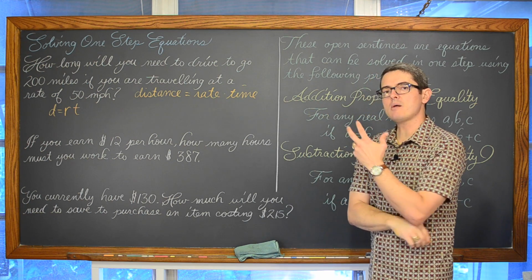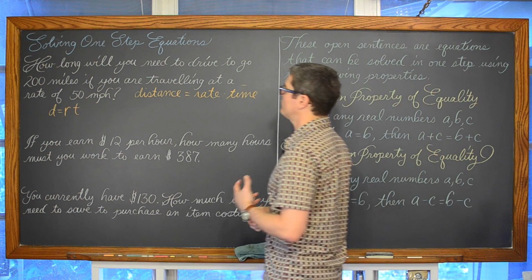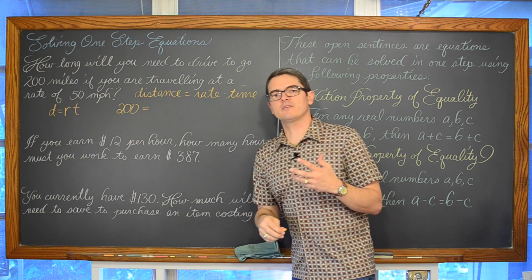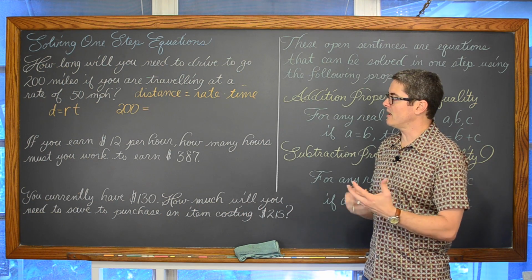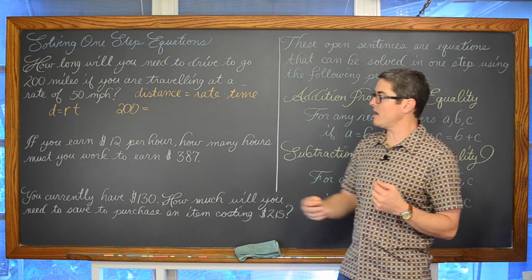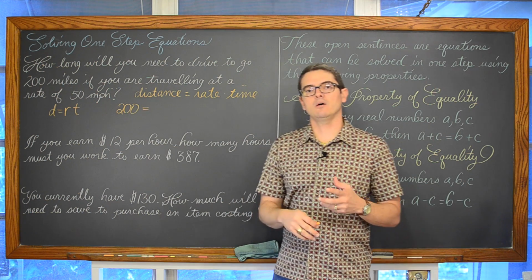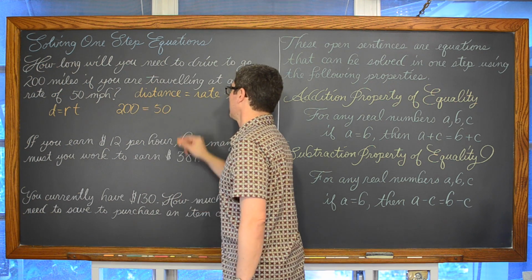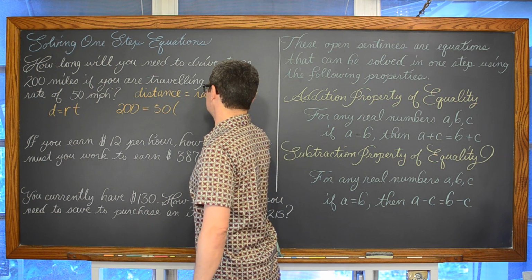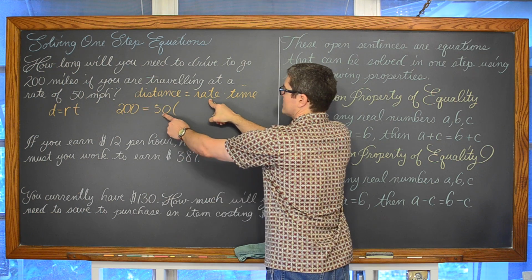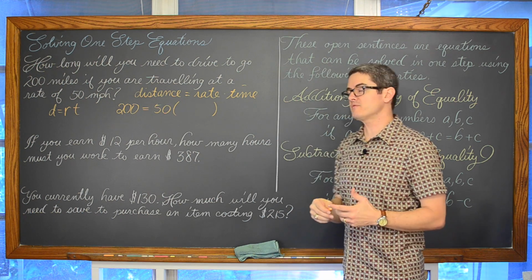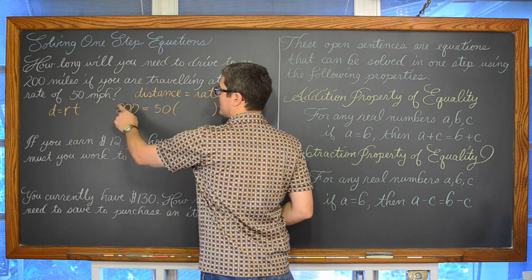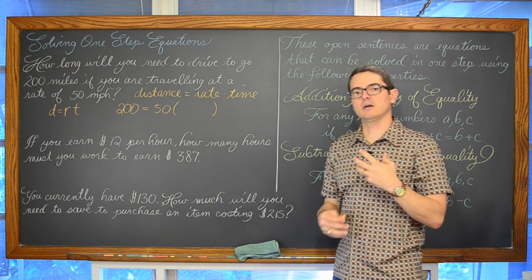So it says in this problem that we need to go a total distance of 200 miles. Then we've got a rate of change, a rate at which we're moving, and that's 50 miles per hour. That 50 miles per hour is our rate of movement, and now we have a period of time.